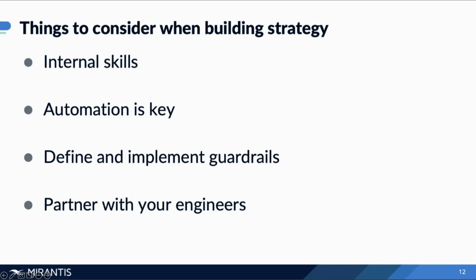And automation is actually key to a lot of this because, as we all know, manual work takes a lot of effort and it's error prone. There are a lot of tools and functionality out there, both open source and proprietary, that actually help you with a lot of your cost cutting and cost monitoring activities. And we'll talk about some of that as well in a second. You want to be able to define and implement guardrails for your resources as well.